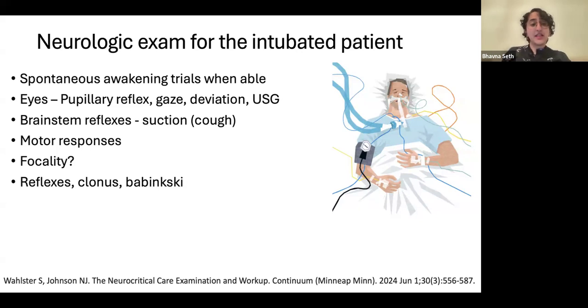And then general reflexes. All of these can be helpful to ascertain a patient's neurostatus, but more important than any one point in time is continuous monitoring and frequent rechecking to see if there's any change.